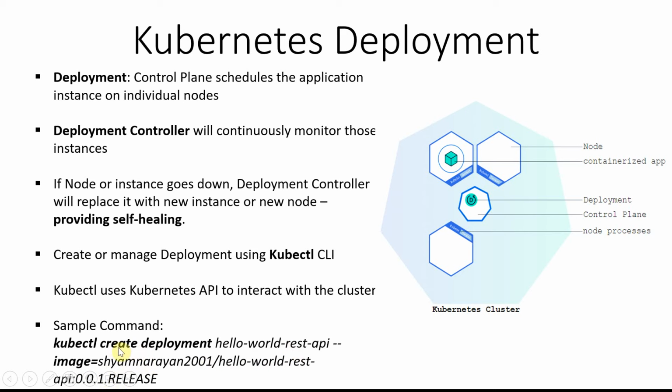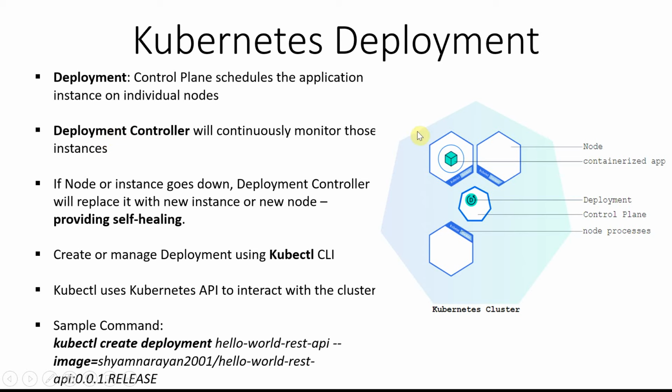So when you say kubectl create deployment, telling the deployment name followed by the image, and execute this command, what is happening behind the scenes is you're giving this instruction to the master, and the master is looking at which node or nodes to apply this instruction to, and it applies it.